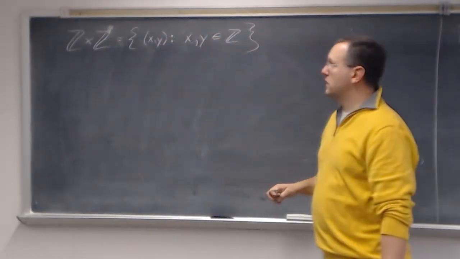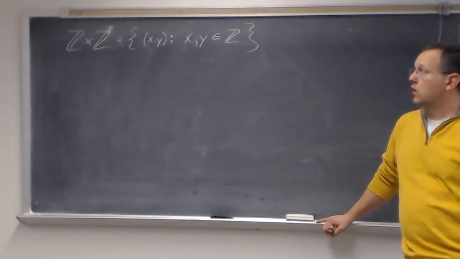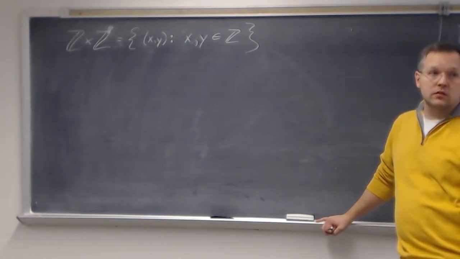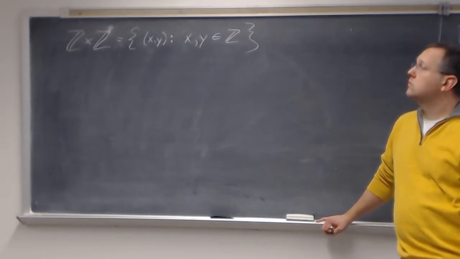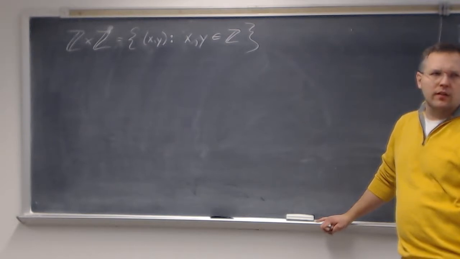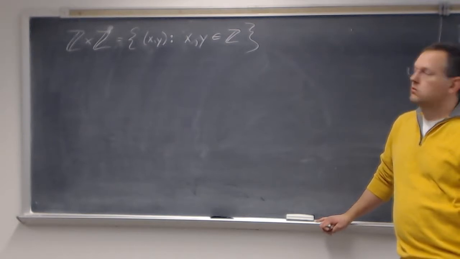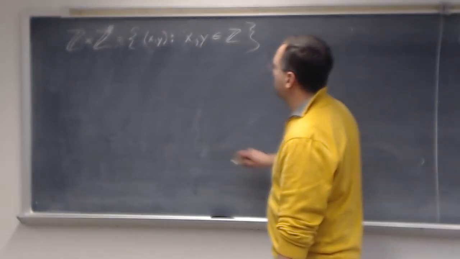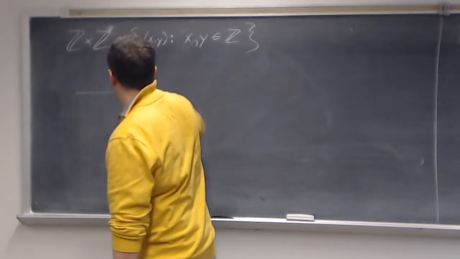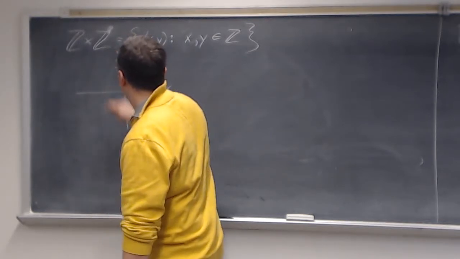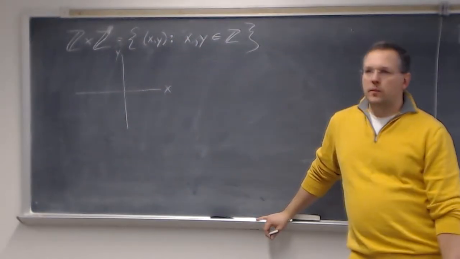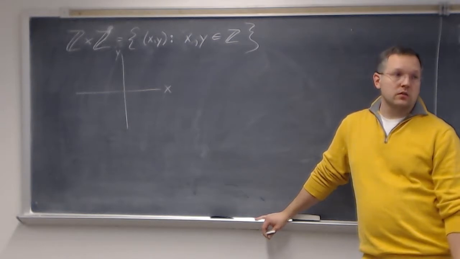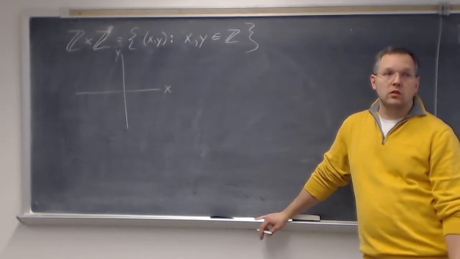A set of all points x, y such that x and y are both integers. So what does this set look like if you were to graph it? So here's the XY plane. What are the points whose coordinates are both integers? What's it going to look like?